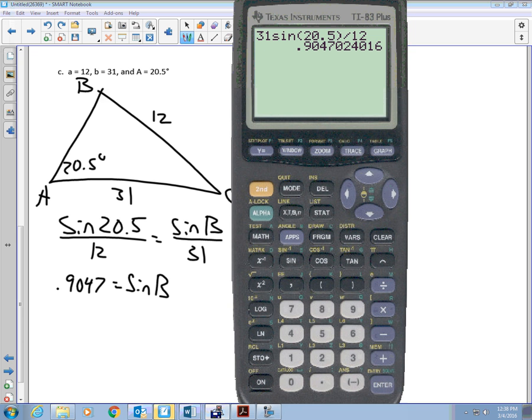Is that a possible solution for sine? It is. The problem is we don't know whether it's the first quadrant or the second quadrant. There's no way to determine. Look at you guys. Is angle B going to be greater than 20.5 or smaller than 20.5? Greater. So it could be 50 or 150. We don't know.